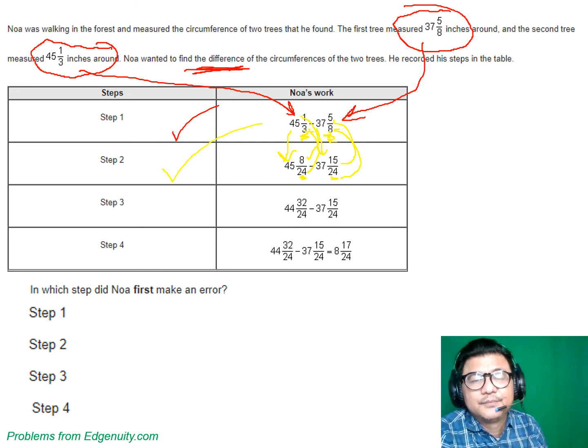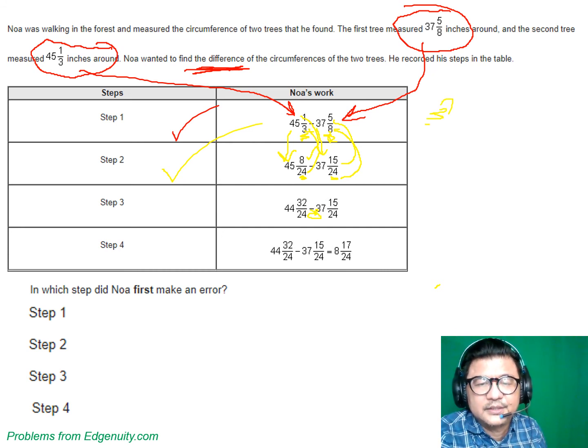Check. Now, can you take away the 15 from the 8? He's ready to subtract now. How will we do that? How can you take away 15 from 8? 8 minus 15, it's impossible. So he did regrouping.